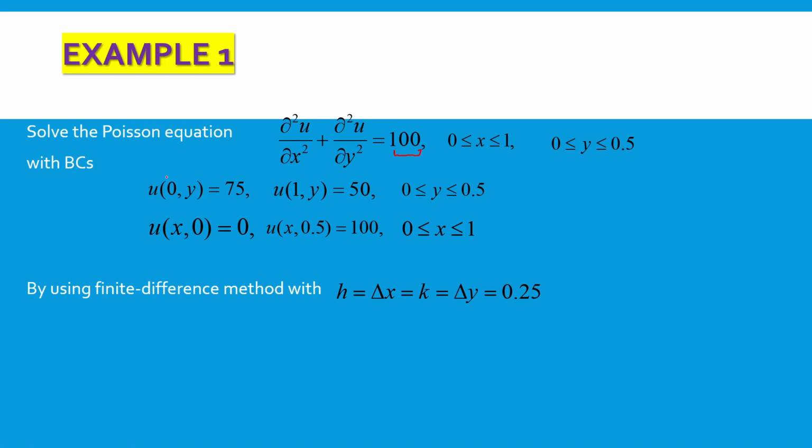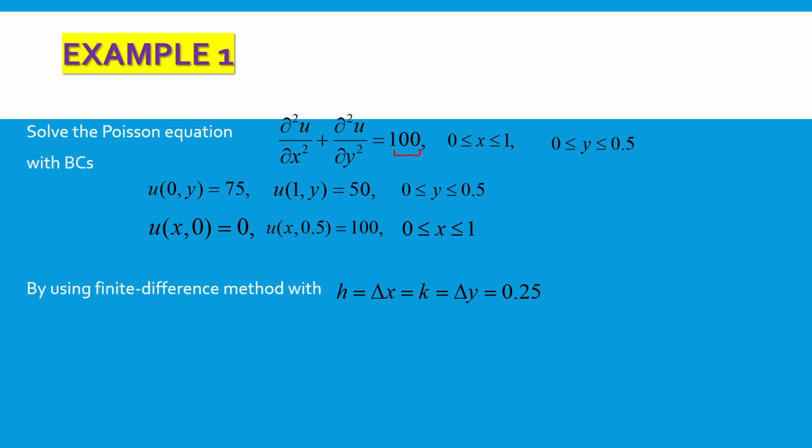Left boundary, right boundary, bottom boundary, or the top boundary? Which one? u 0 y. That's why normally asking no question. When asked, cannot answer.